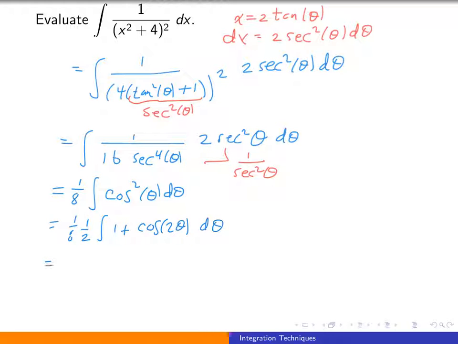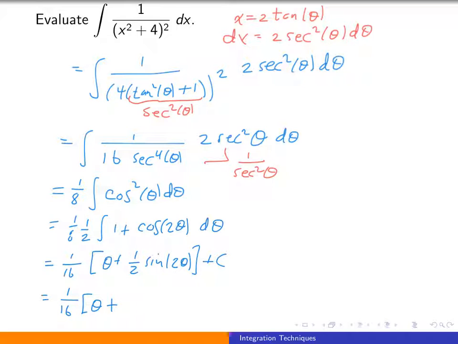So 1/8 times 1/2 is 1/16. Anti-differentiating term by term gives us theta plus 1/2 sine 2 theta plus c. And we can, for convenience, rewrite that sine 2 theta as being 2 sine theta cosine theta.